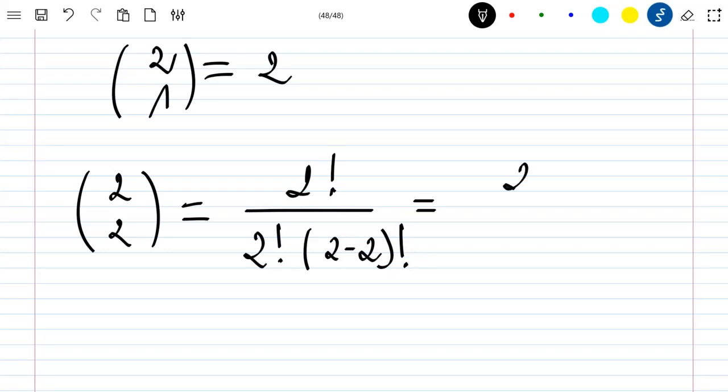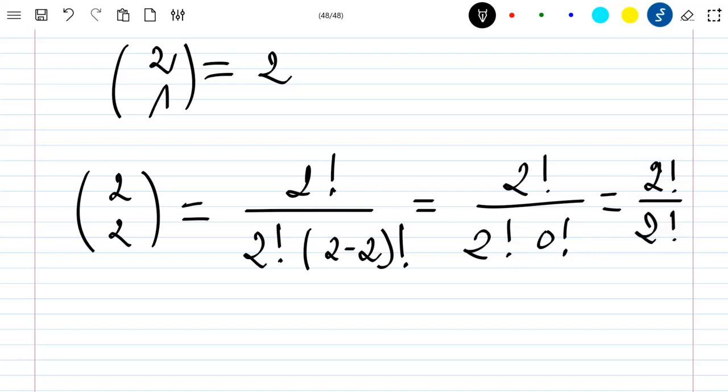So this is 2 factorial divided by 2 factorial times 0 factorial, which is 2 factorial divided by 2 factorial. If you simplify, you will obtain 1. So the third coefficient is equal to 1.